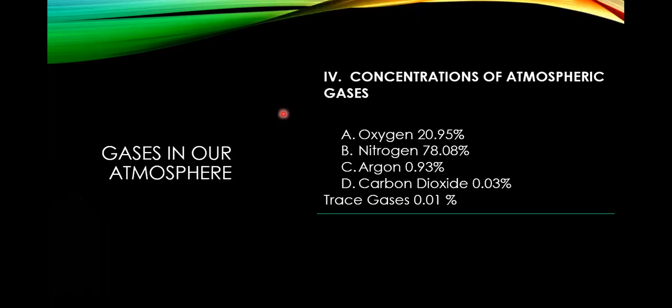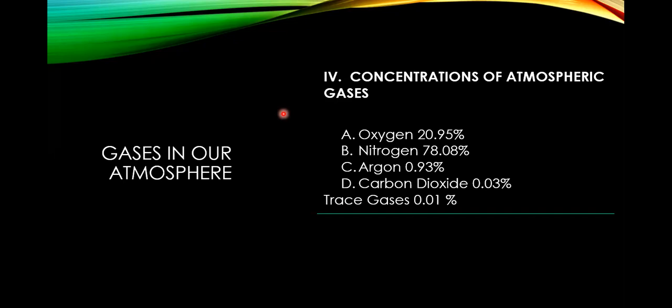All right, so here go those concentrations. Oxygen is 20.95, so we call that 21%. Nitrogen is 78%. Argon is 0.93%. I don't know why I was thinking it was 7, but it's 0.93%.